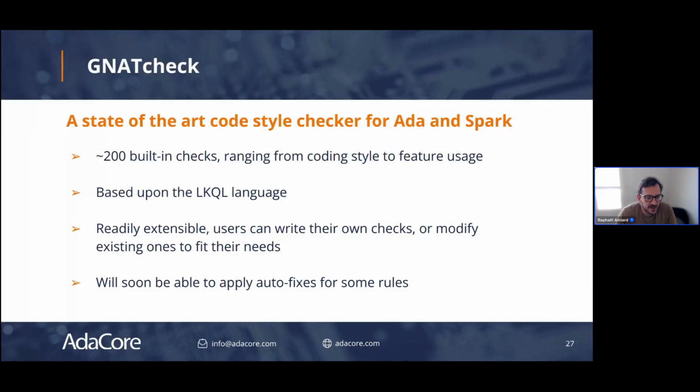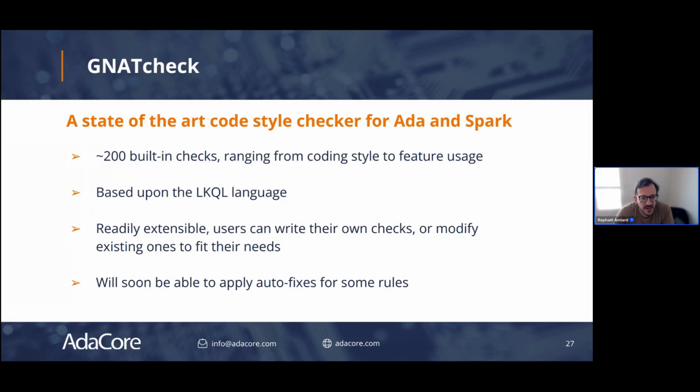So what is GNATcheck? GNATcheck is a state-of-the-art code style checker for Ada and SPARK. It has more than 200 built-in checks, ranging from coding style to feature usage to warning-like checks. It is based upon a technology that we developed at AdaCore called LKQL, which is a code query language which allows you to write queries on code.